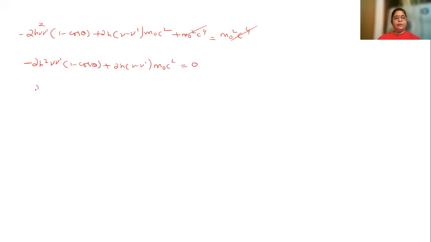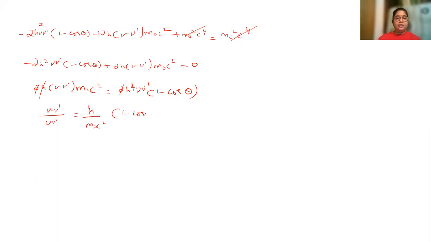So what am I doing? 2h (nu minus nu dash) m naught c square is equal to, I'm taking this side, 2h square nu dash (1 minus cos theta). The 2 I can cancel off, and one h can cancel off. So I am going to club all the nu terms together and take all the other terms to one side. So I have (nu minus nu dash) by nu dash is equal to h, with m naught c square in the denominator, into (1 minus cos theta).